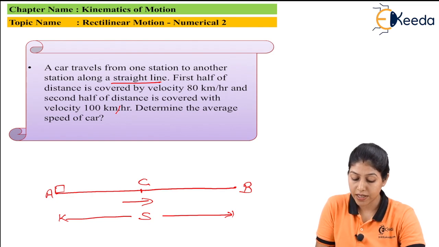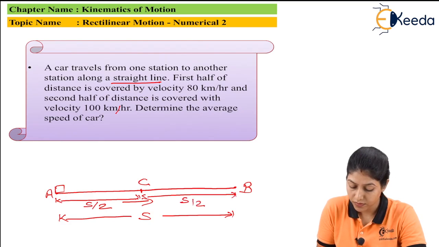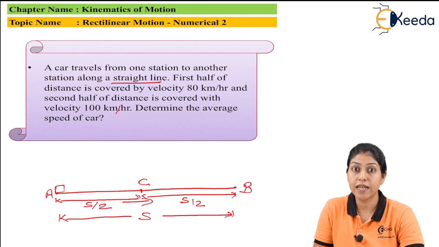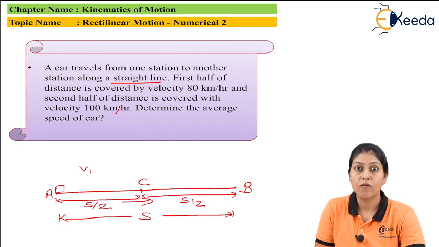If we consider the total distance traveled by the car from A to B as S, then between A and C and between C and B, the distance will be S by 2. What is given here? The first half of the distance is covered with velocity 80 km per hour.